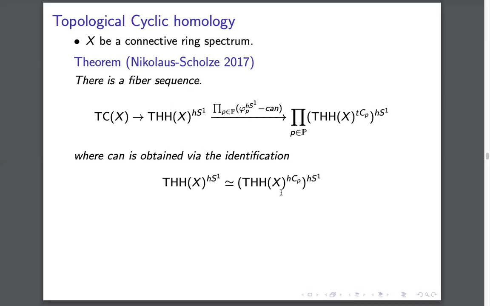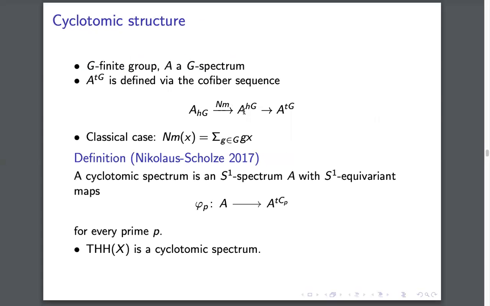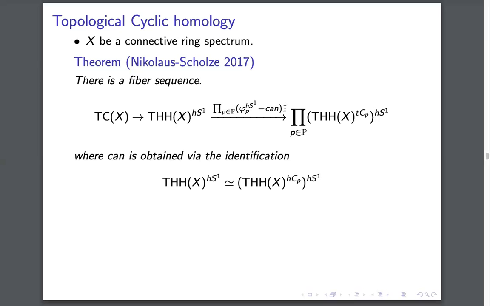So this side is actually equivalent to this, and the fixed points always map into the Tate construction. That comes from the definition of the Tate construction. So you have the map can. It's obtained using this identification and then the map into the Tate construction.